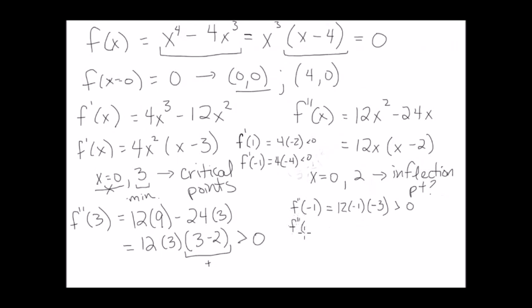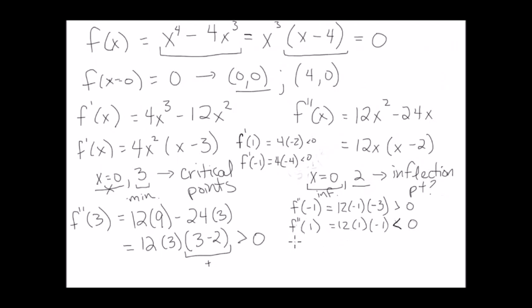I take the second derivative at 1. I have 12 times 1 times 1 minus 2, which is negative. Sorry, so that is less than 0. So in other words, the convexity does change, and this is an inflection point. Okay, I have already checked to the left of the other possible inflection point, x equals 2.